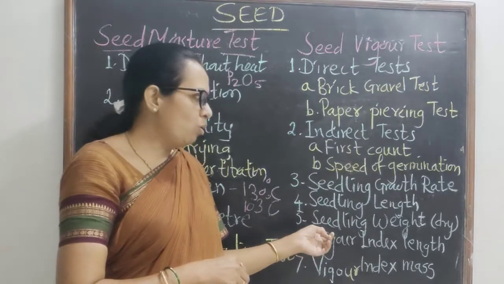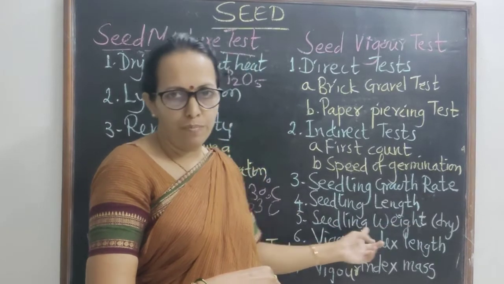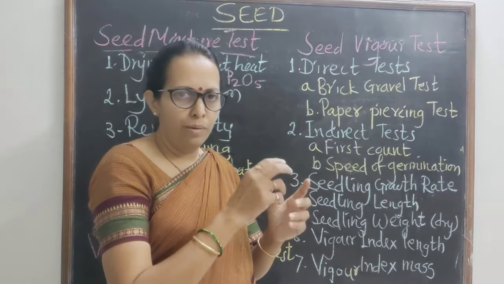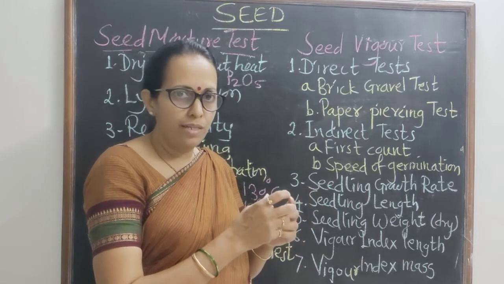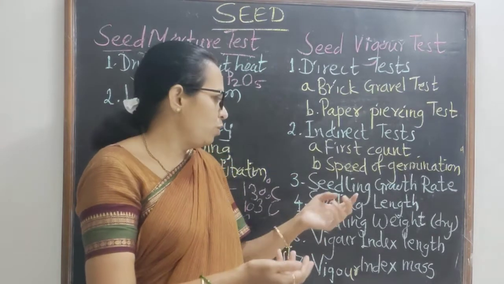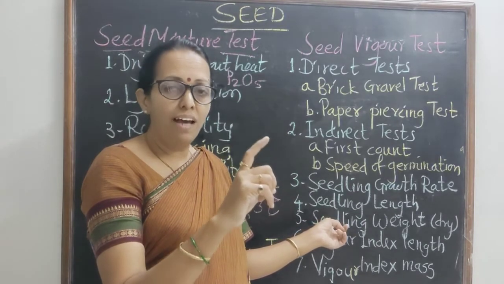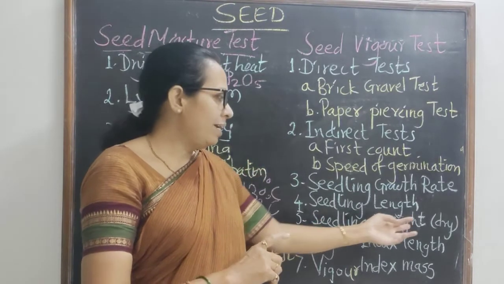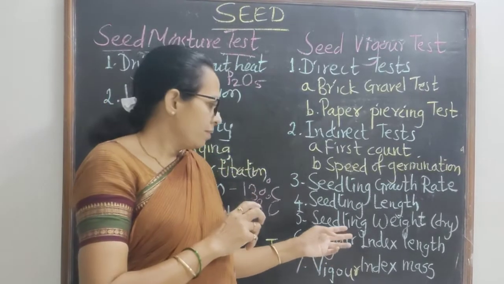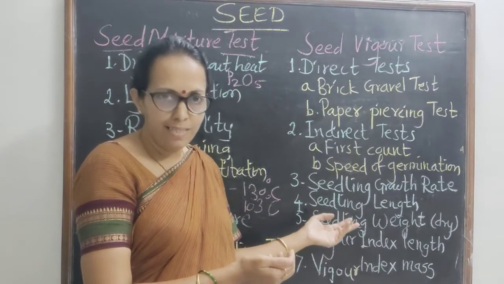Next, you can go for measuring the dry weights of the seedlings. So you can take a bulk of 10 seedlings, or more seedlings if available, and convert it to per seedling on an average. So the dry weight, which is the accumulation of organic matter, is also an indication of the vigor of that seed.